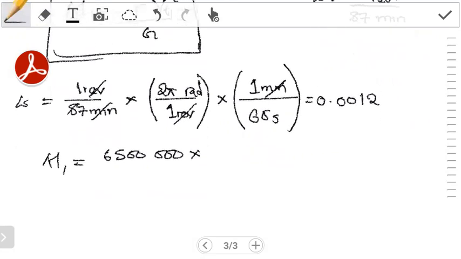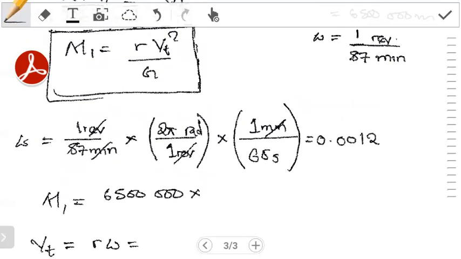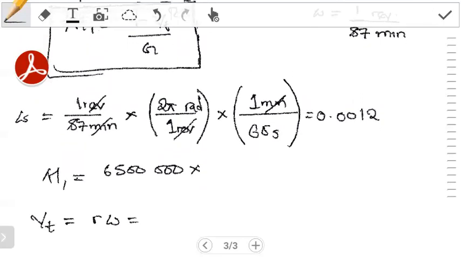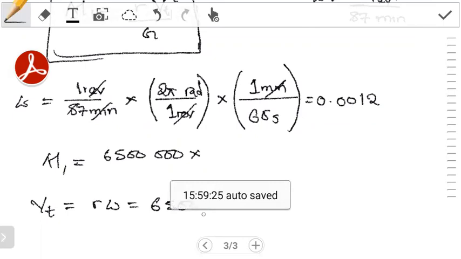So VT, the tangential velocity, is equal to R omega. We found what our omega is, so our omega is 0.0012. Our radius is 6,500,000.